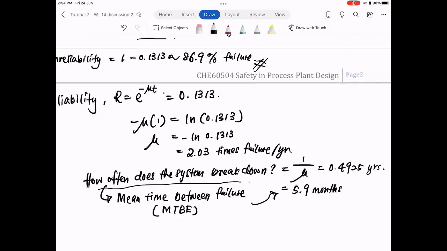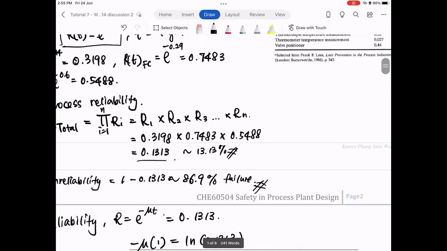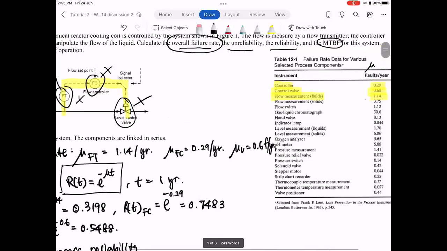So if you plan a preventive maintenance for the system, and you say, I will do a preventive maintenance every 6 months, can it work? Anyone? The answer is no, because before 6 months, one of these, whatever you're looking at here, would have already broken down.